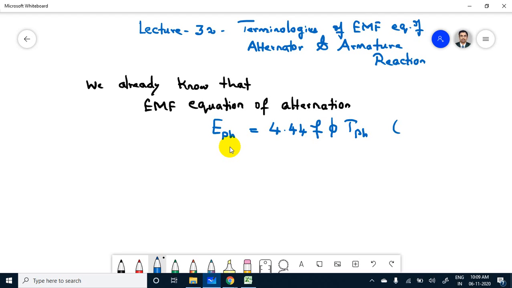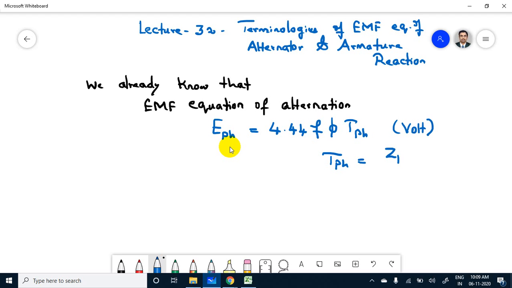The unit of the EMF equation is volt. Now this is the general EMF equation, where F is the frequency, phi is the flux, and T phase will be the number of turns per phase.